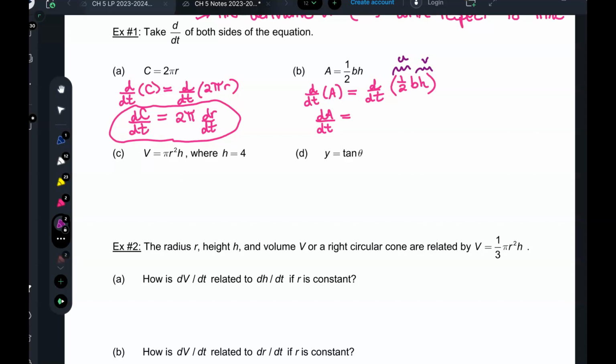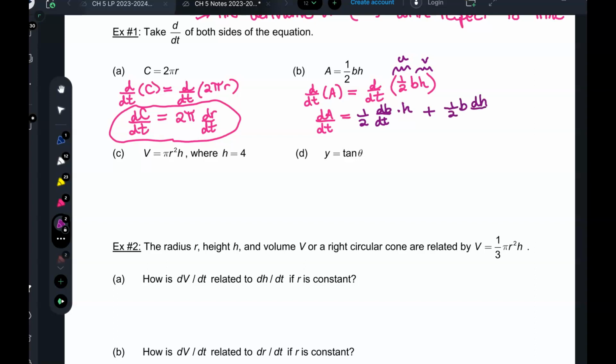It's going to be 1/2 db dt, times h. That's u prime times v, plus u times v prime. Wouldn't this just be plus 1/2 b times dh dt? Yes.